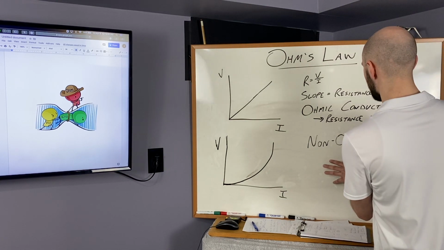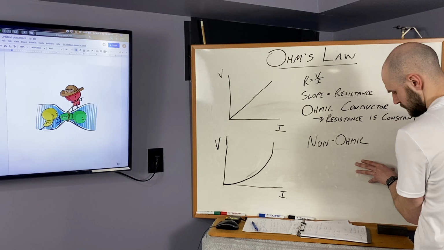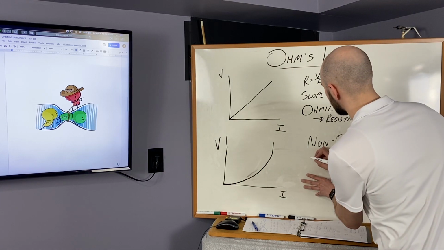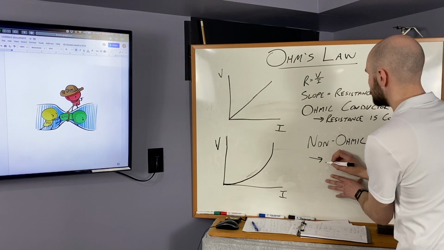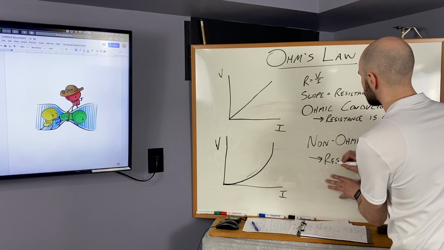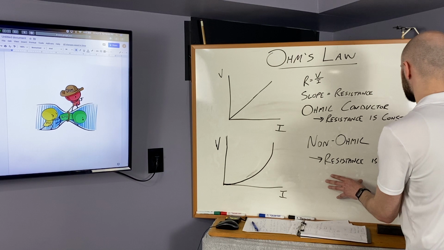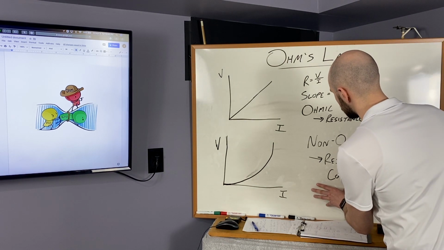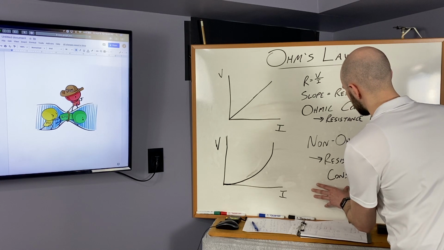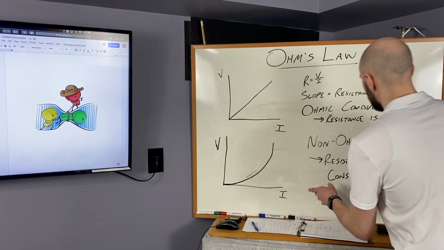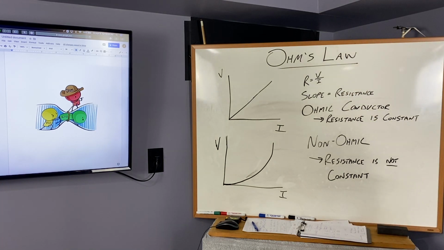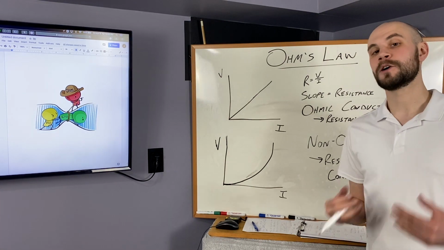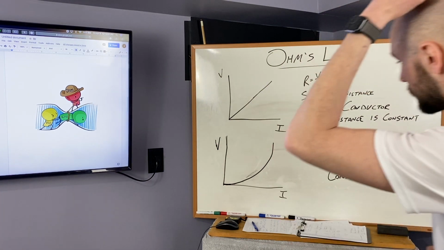For a non-ohmic conductor or non-ohmic device, resistance is not constant. So you'll have to recognize when something is non-ohmic, but for most of the devices that we're going to analyze, they are going to be ohmic, so you could use Ohm's law to figure it out.